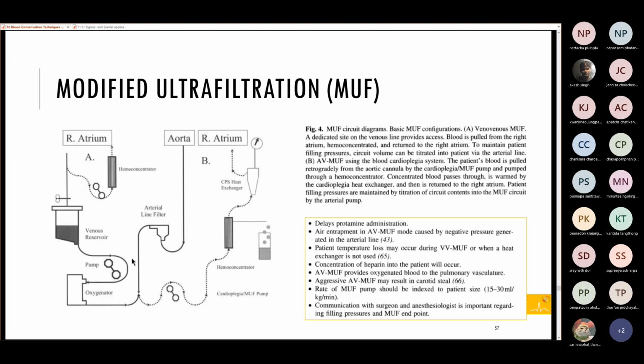To compensate for that, we should run both the arterial pump and the MUF pump together, to preserve the mean arterial pressure and also to avoid bubbles occurring inside the circuit.